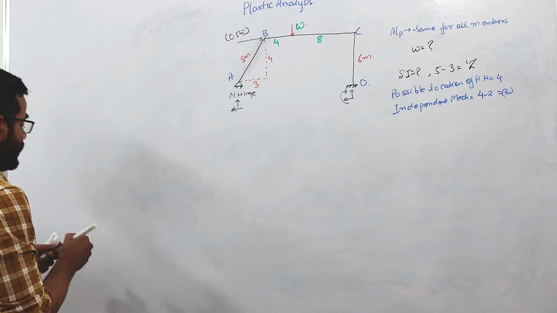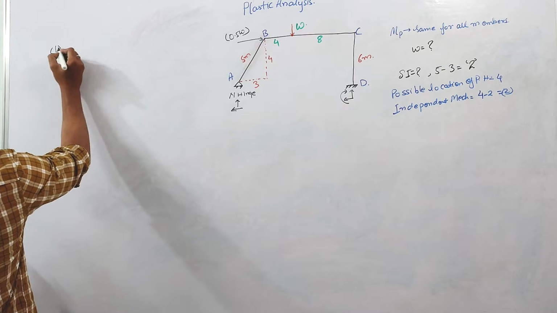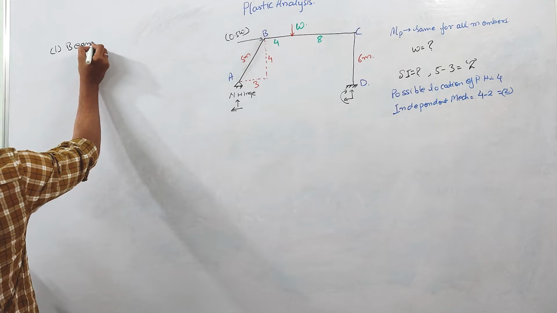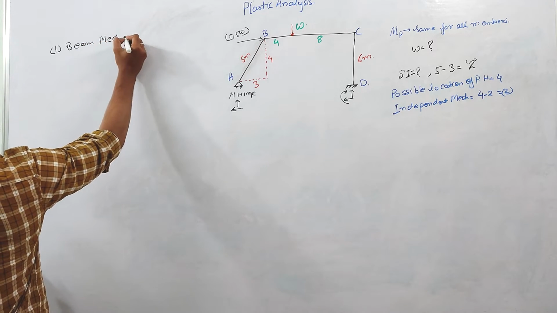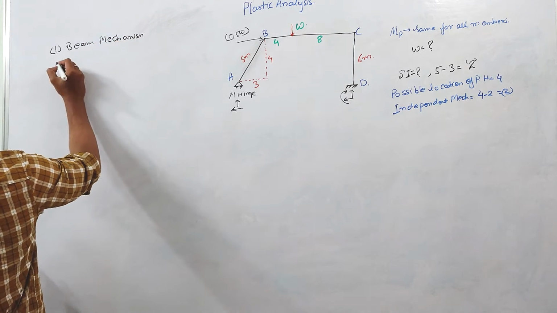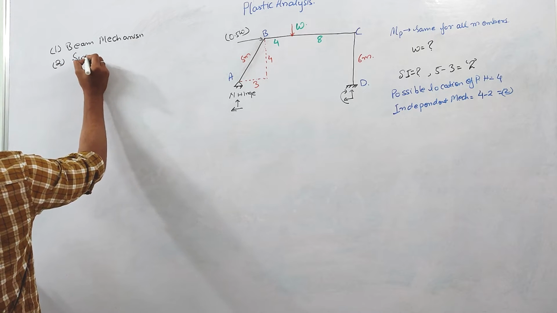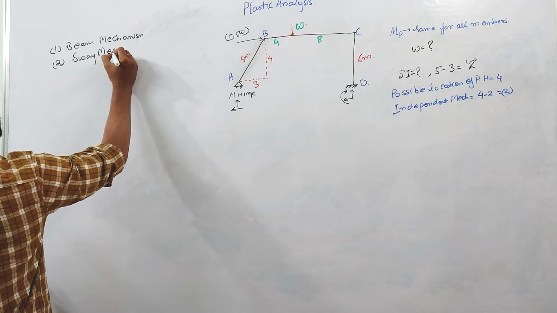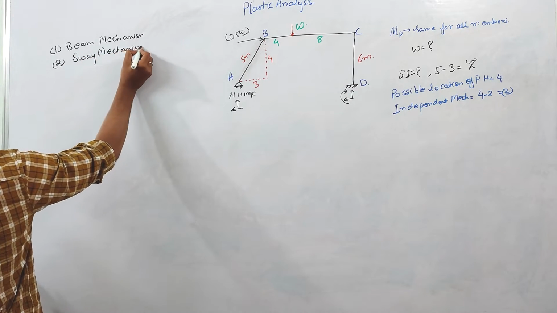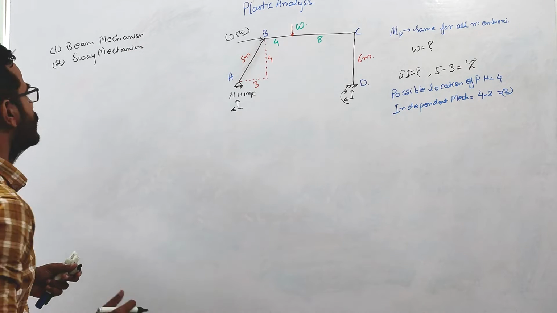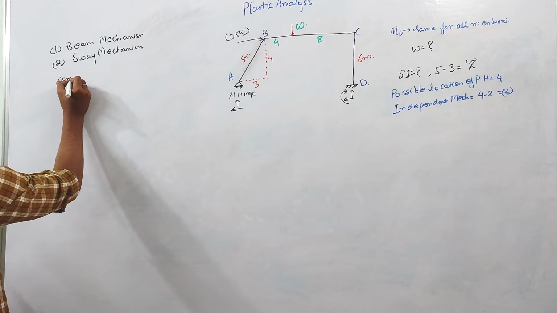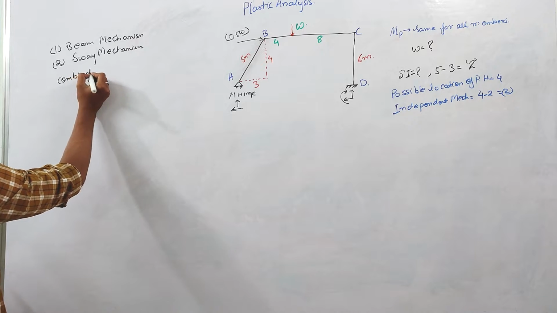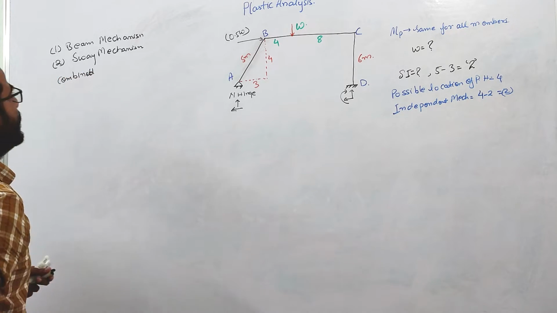One is the beam mechanism. Second one is the sway mechanism. And then we will combine these two mechanisms to get the combined mechanism. Okay. So the combined mechanism is basically due to beam and sway mechanism.